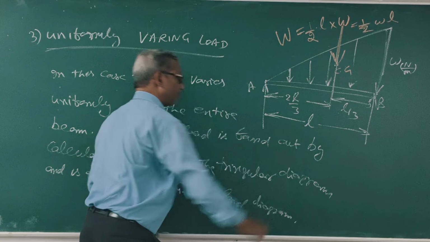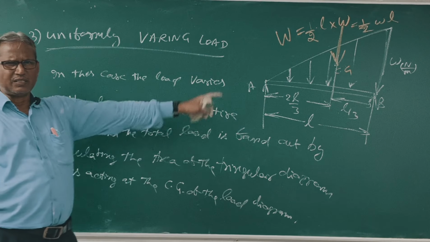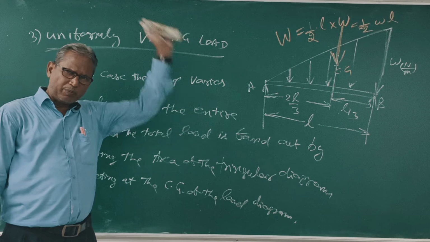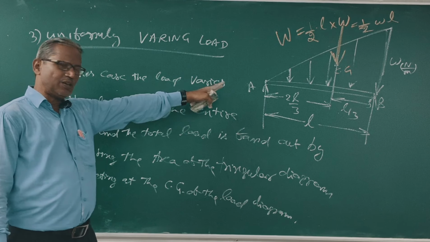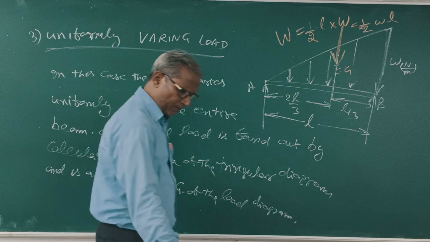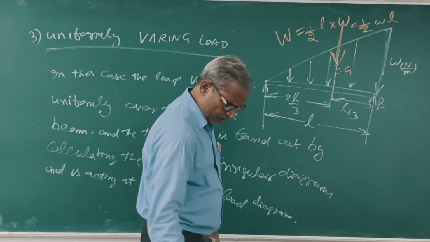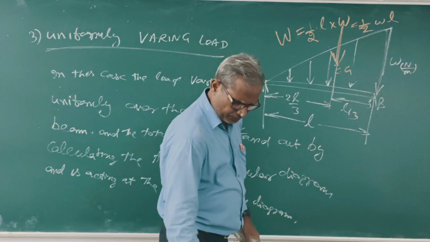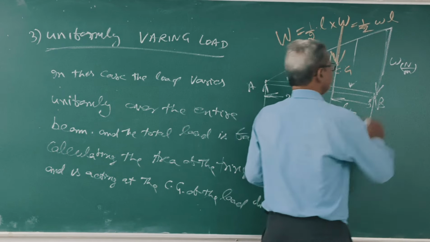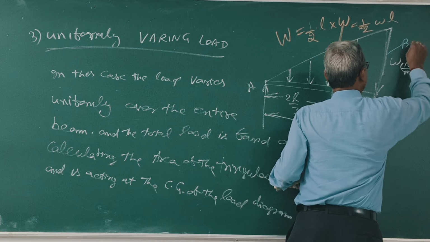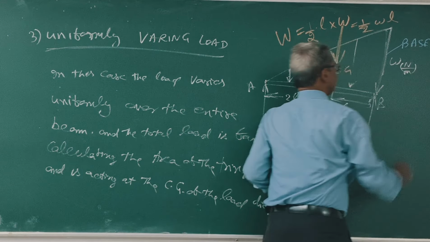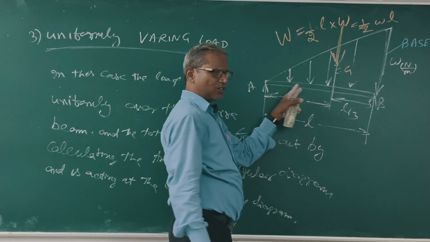Clear? What is CG? L by 3 from the base, 2L by 3 from the vertex. This is your base. Base. Clear? This constitutes height.